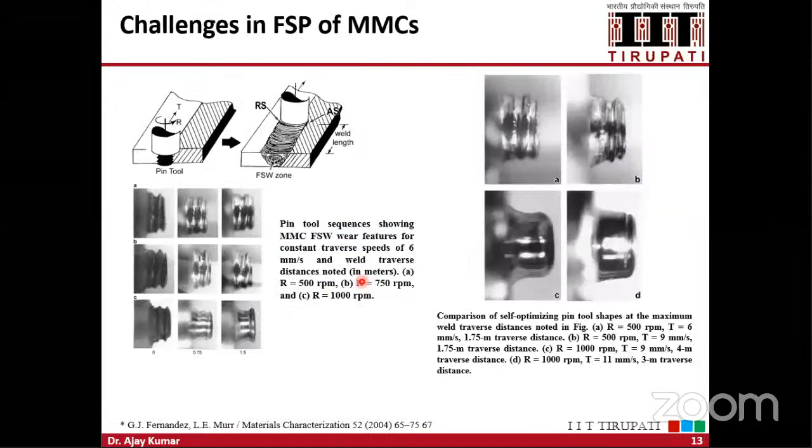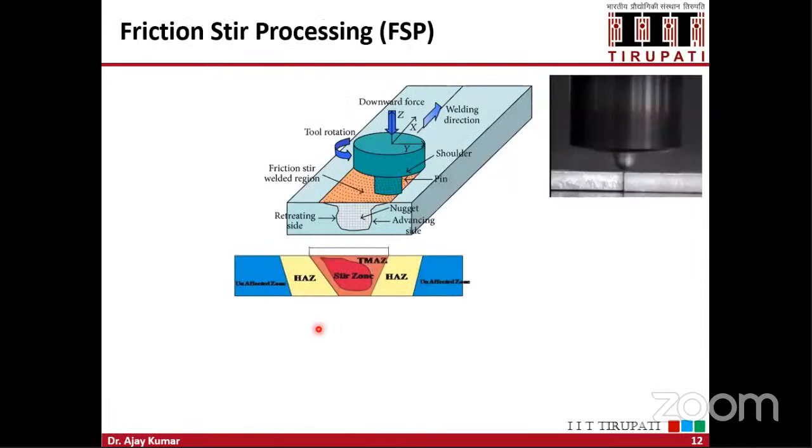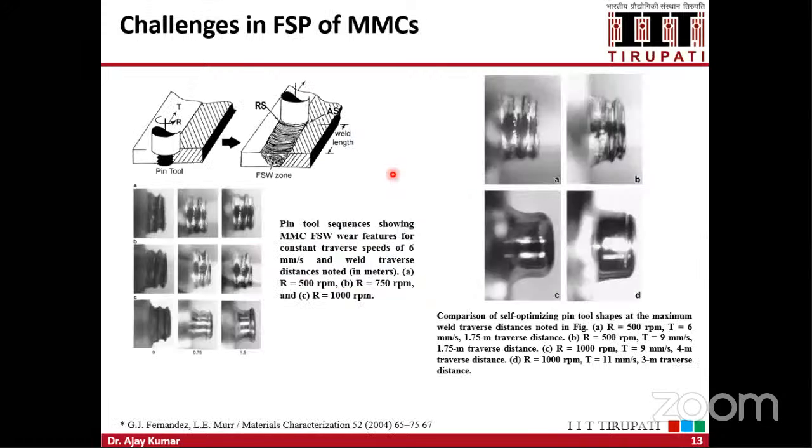Okay, but the challenge is wearing of the FSW tool. The tool used in this process wears out when you use it for making composite materials, because in composite materials you use ceramic particles as second phase material, and those ceramic particles are very hard.